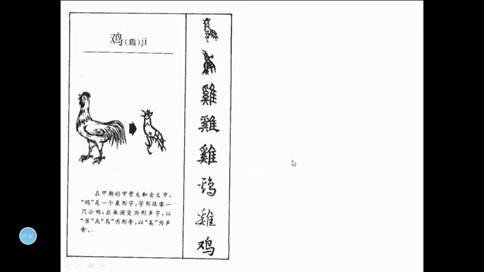The first two characters here are called pictographic characters, which I mentioned last time. These are independent characters which directly illustrate the shapes of things. So you will find these two characters look exactly like hand paintings of a real chicken.